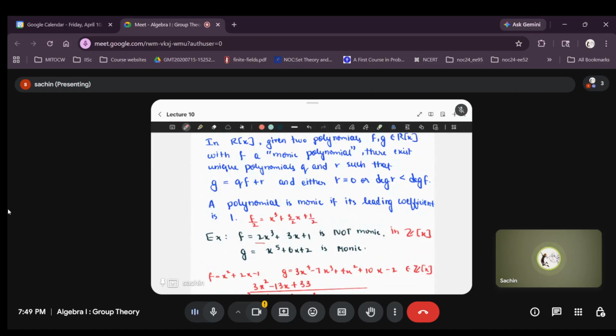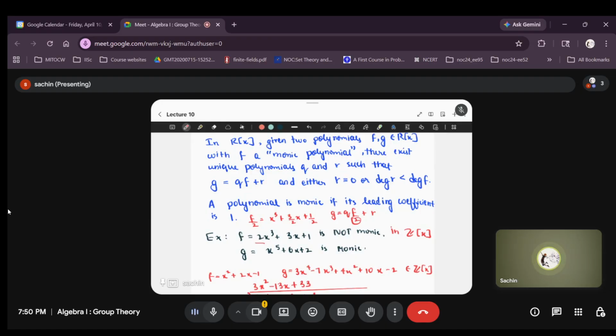Then you could divide g by f by 2, and you could write g is q into f by 2 plus r, where the degree of f by 2 is also the degree of f, right? So r is again some polynomial whose degree is less than the degree of f. So you would just get an extra factor here. That's all.